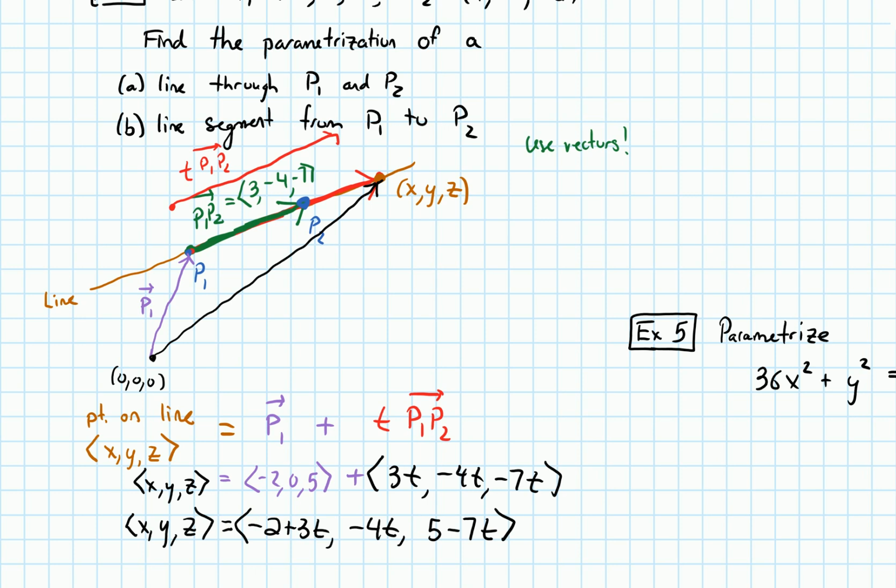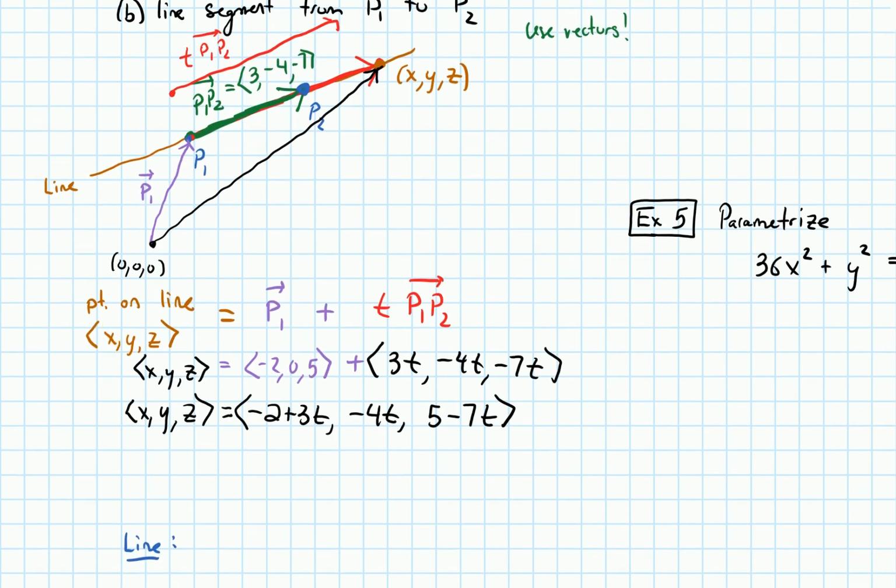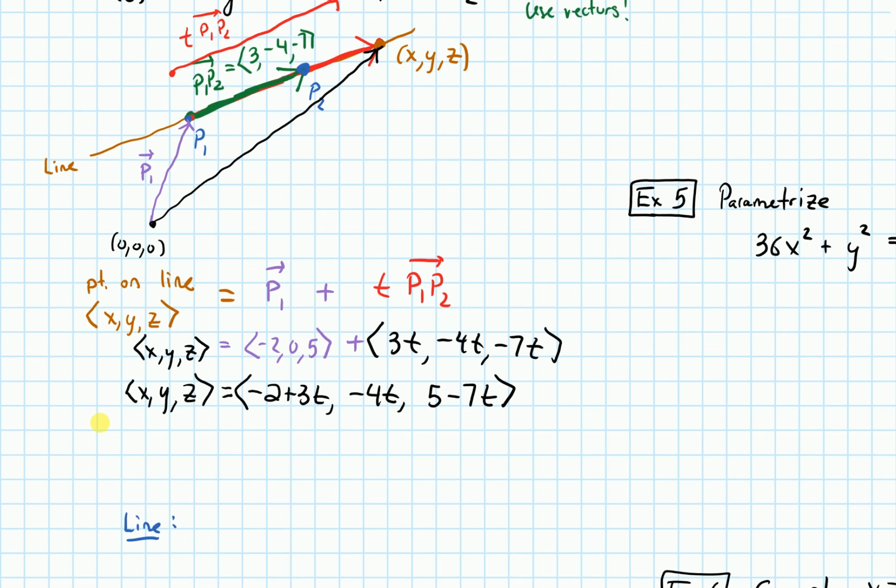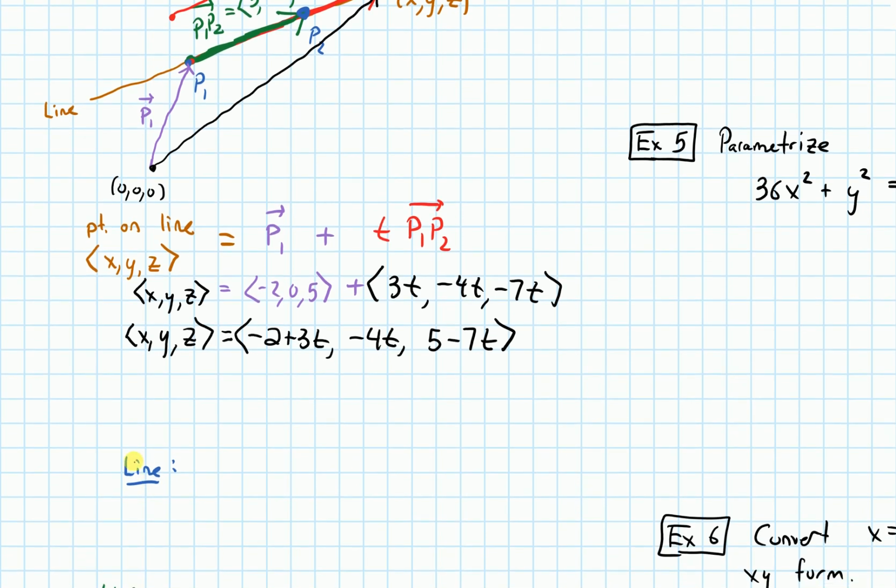Okay, so we have these two vectors that are the same. And the only way for that to be true, and at this point we're going to be able to write down the parametric equations for the line, is if x, and I'll write x as x of t, the x coordinate is negative 2 plus 3t. So this x and that x coordinate have to be the same, and the y coordinates have to be the same, so y of t is going to be equal to negative 4t.